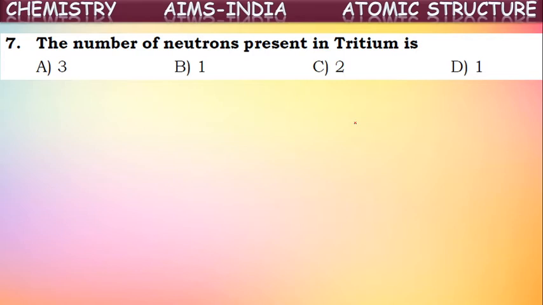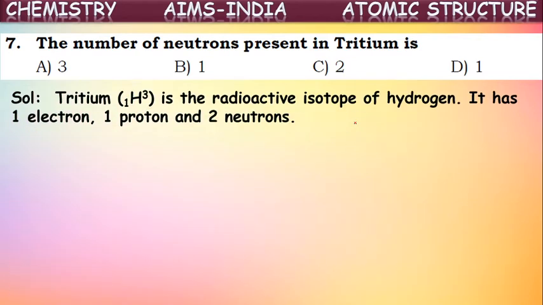So hydrogen has 3 isotopes, namely protium, deuterium and tritium. Tritium is a radioactive isotope of hydrogen and it has 1 electron, 1 proton and 2 neutrons. Protium has no neutrons, only 1 proton and 1 electron.